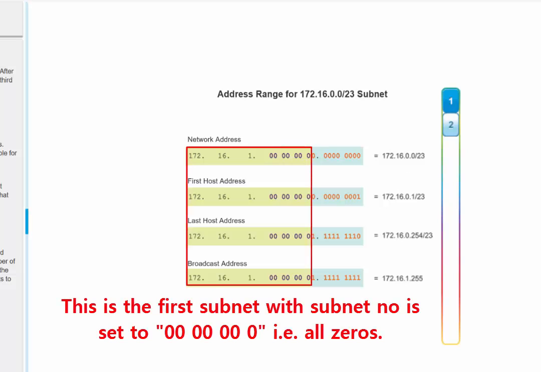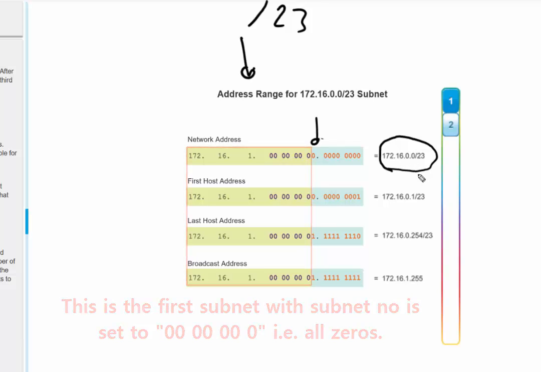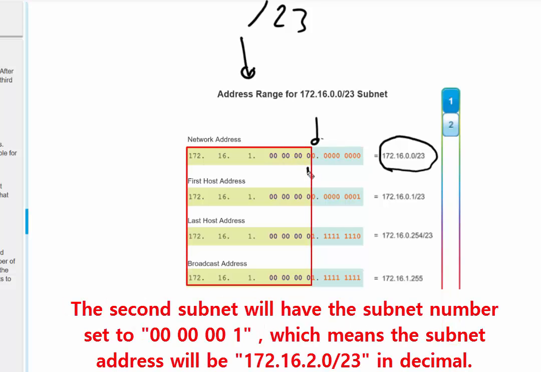Remember, if we borrow 7 bits from the 16, so 7 plus 16, the new subnets will be /23, which means that the last byte and 1 bit from the third byte will be for the host portion, and the network will be /23. So in that case, the first subnetwork address will be 172.16.0.0/23, and the next one is to set this bit to 1.